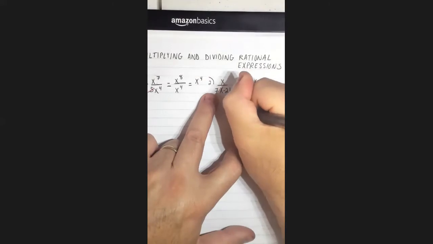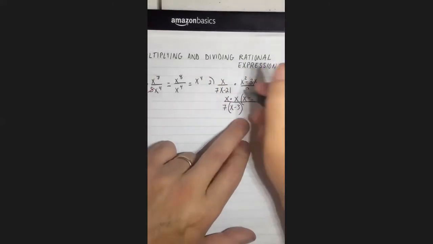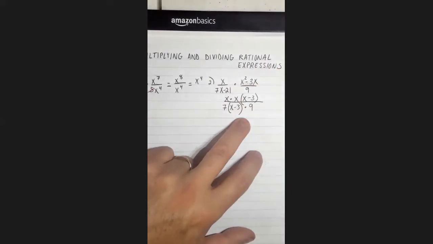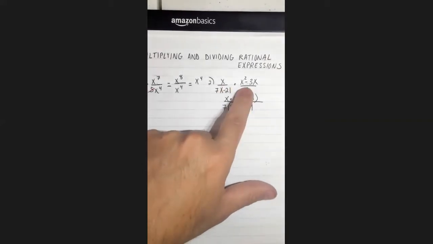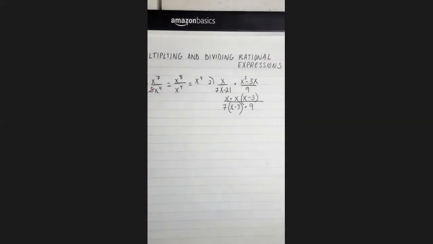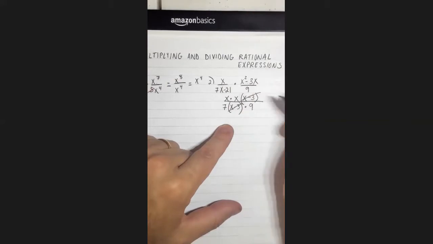I could factor out a 7. Again, that's going to give me x minus 3. And again, I'm going to have this times 9 also from this other. So we're doing this fraction times this fraction. So now look what can cancel out. The x minus 3's are going to cancel each other out.